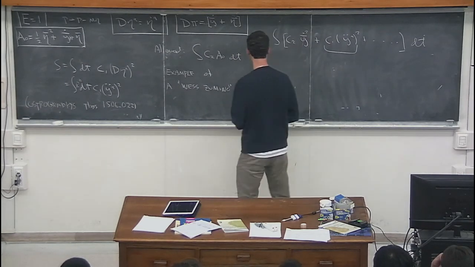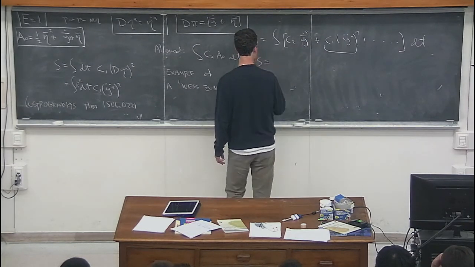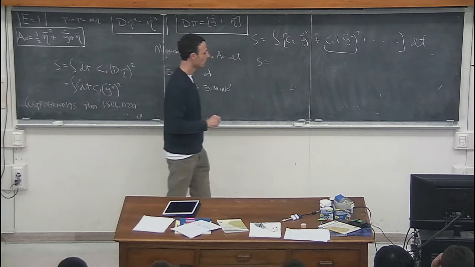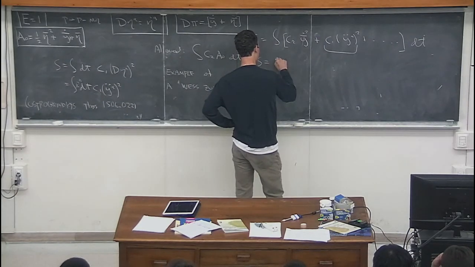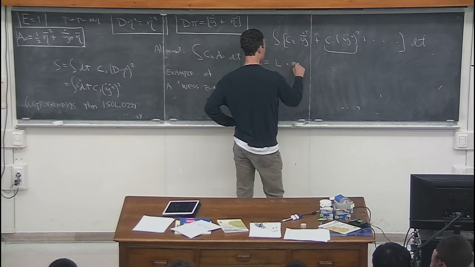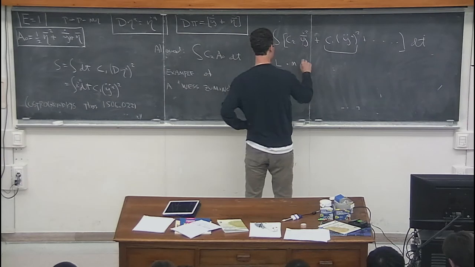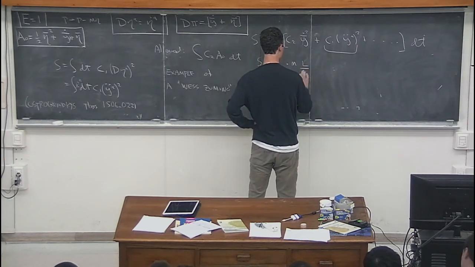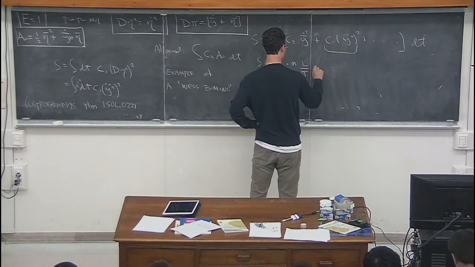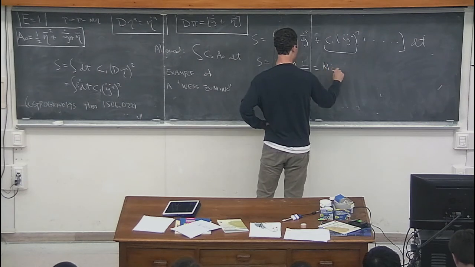Okay, S has the units of angular momentum, which is length for x, and then mass times velocity, which is length divided by time. So this goes like m L squared over t.